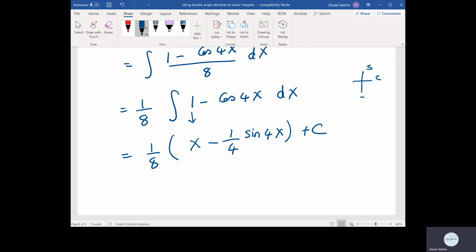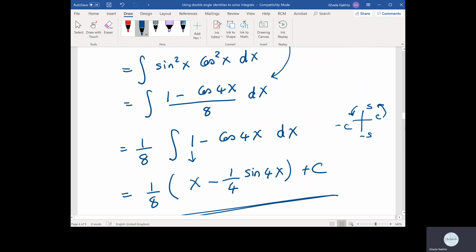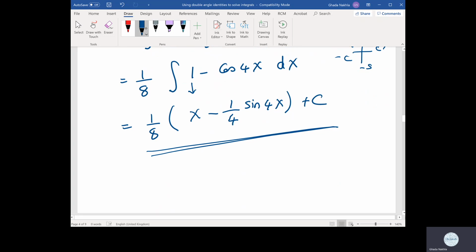I'm integrating cos, so you get a sine, and because it's cos kx, you go 1 over k sine kx. And that is the answer of the integration of sine squared cos squared dx.